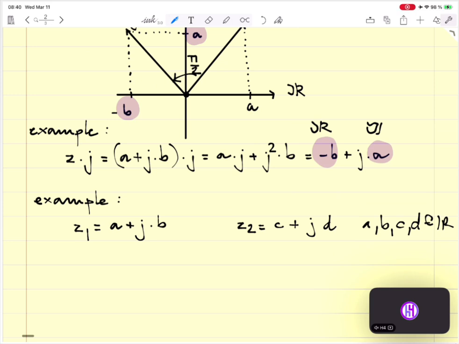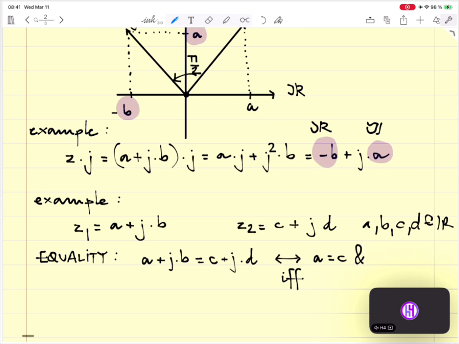So we have equality: a plus j times b equals c plus j times d if and only if, this is what this symbol means, also written iff, a equals c and b equals d.